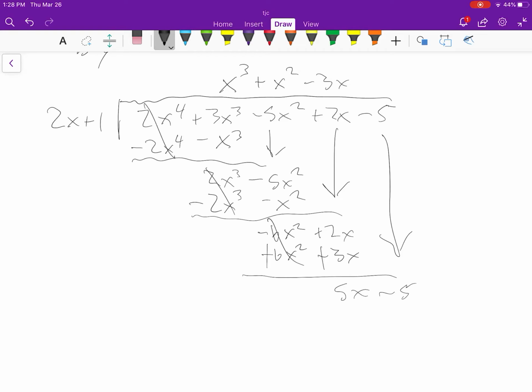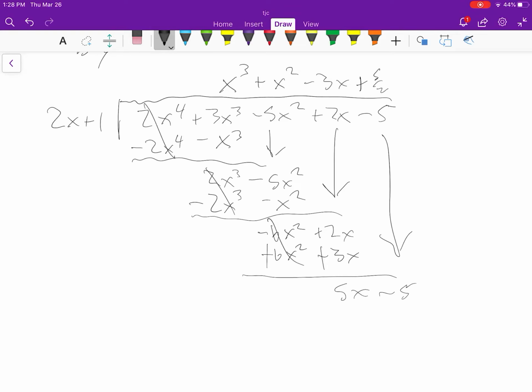Here is where it gets a little bit harder than normal. We're wanting to know what times 2x will give us 5x. Well, notice nothing times 2 will give you 5 as far as regular integers go. So we're going to have to use fractions here. What times 2 will give you 5? Well, the answer is 5 halves. So we're going to add 5 halves.